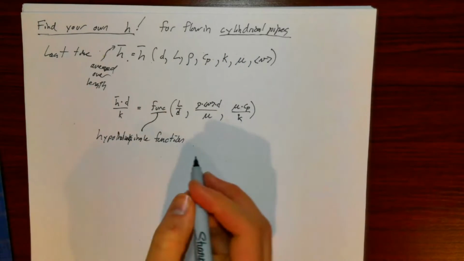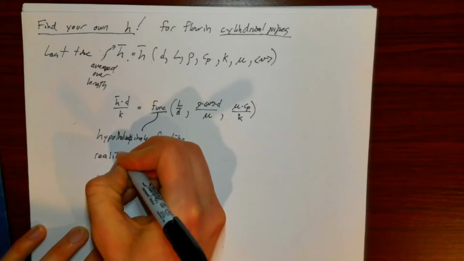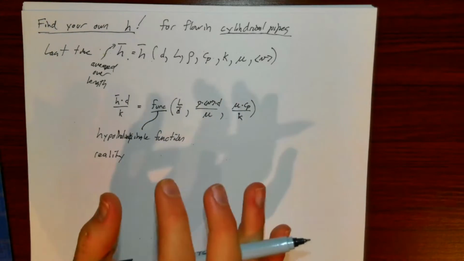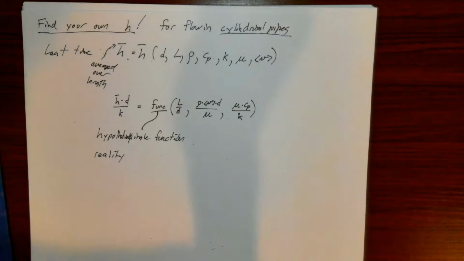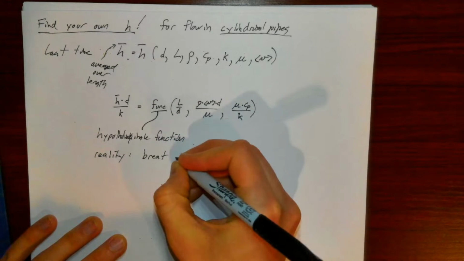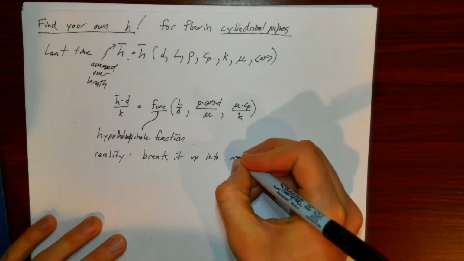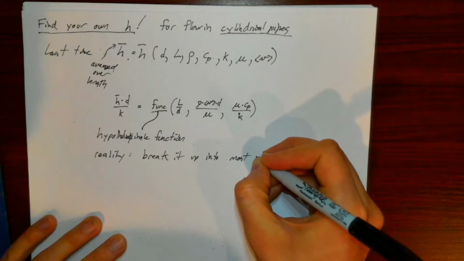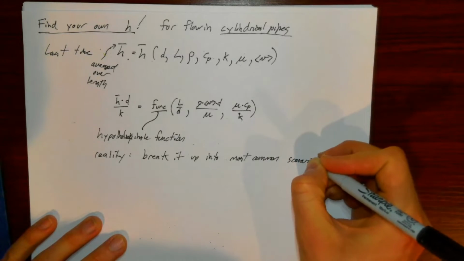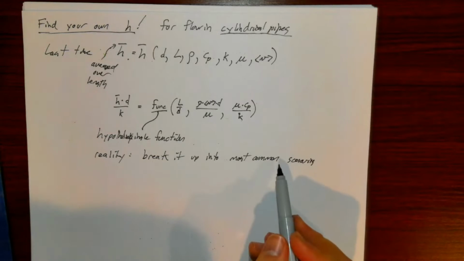But in reality, it's actually useful to break up this function into a couple specific cases or a couple specific domains. In reality, we'll break it up into the most common scenarios.